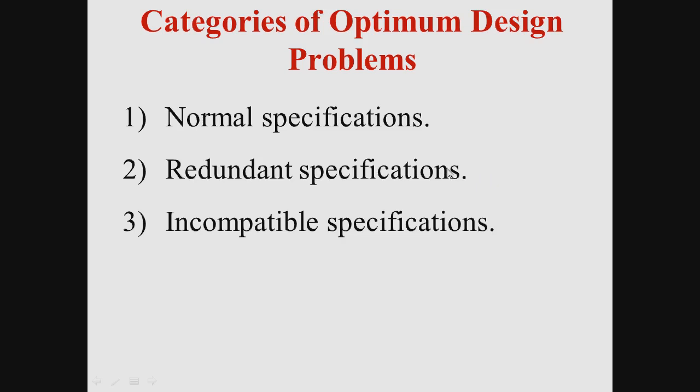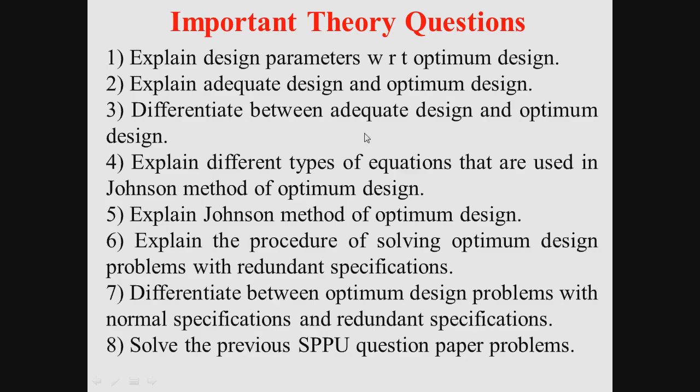Some of the important theory questions I have listed here will normally come in the exams. So prepare these theory questions, and if you have any doubts, you can get back to me through the different platforms. First question: explain design parameters with respect to optimum design.